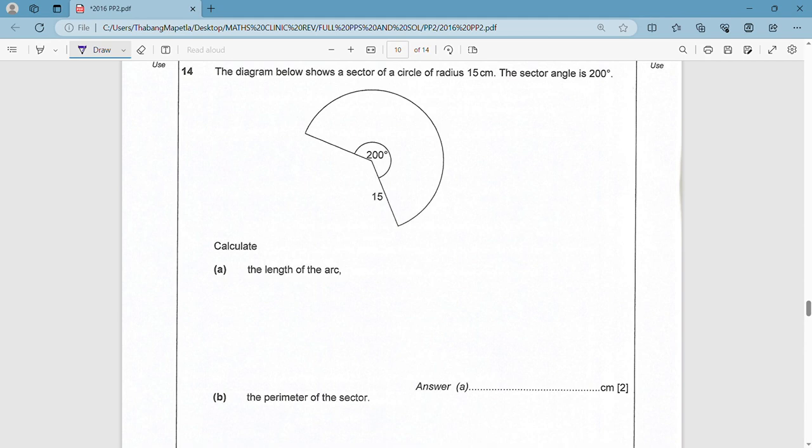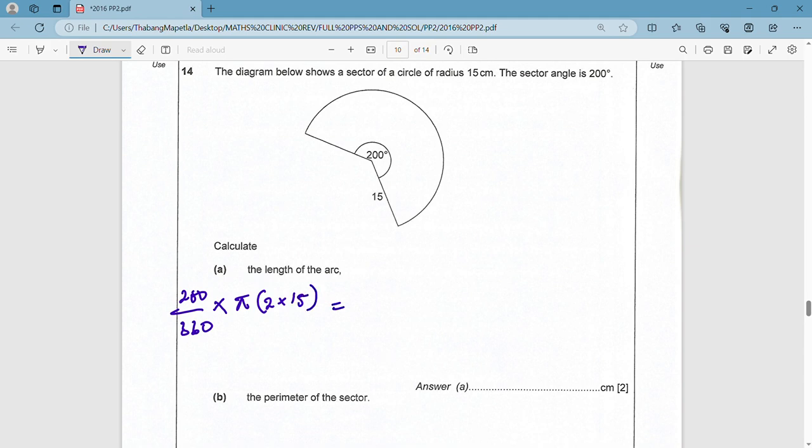The diagram below shows the sector of a circle with radius 15 and sector angle 200. Length of the arc is going to be 200 over 360, 360 being a revolution, times the circumference, pi d, or pi times 2 times r.